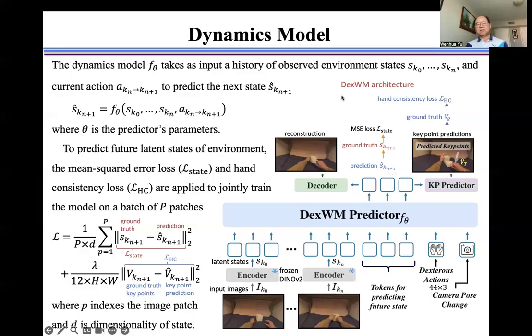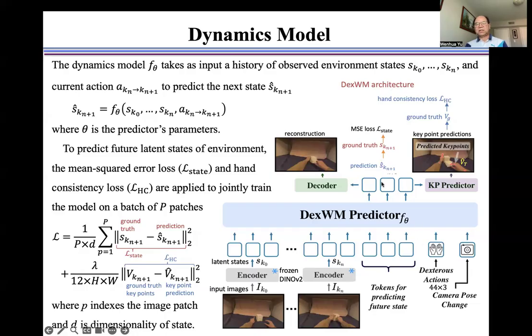As shown here, this is a model of the DexWM architecture. This is the predictor F_theta. These are the patch observations, these are the actions, and this is the change in the camera pose.